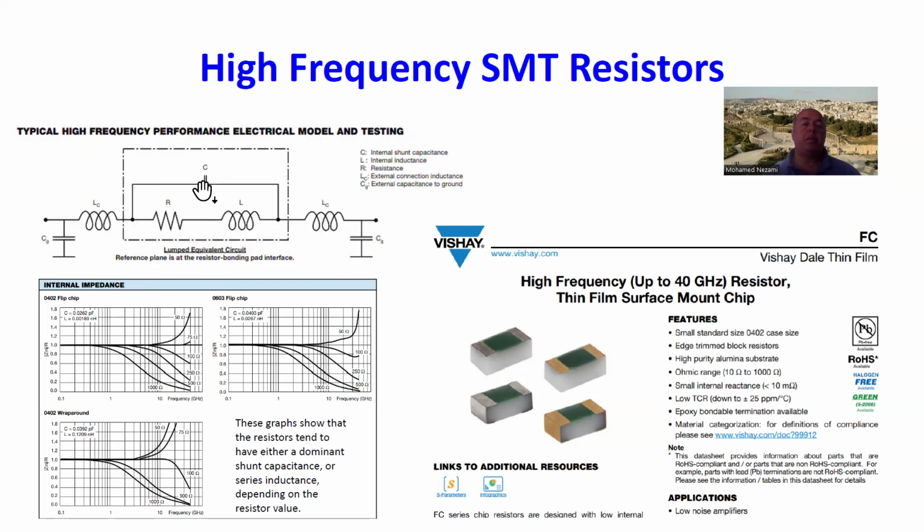The frequency response of this network at DC or low frequencies is a pure resistor, this resistor value in here. The y-axis is the magnitude of the complex impedance of this resistor. You can see it's 1 in here, meaning it's a pure resistor all the way up to, say, 700 megahertz or so.